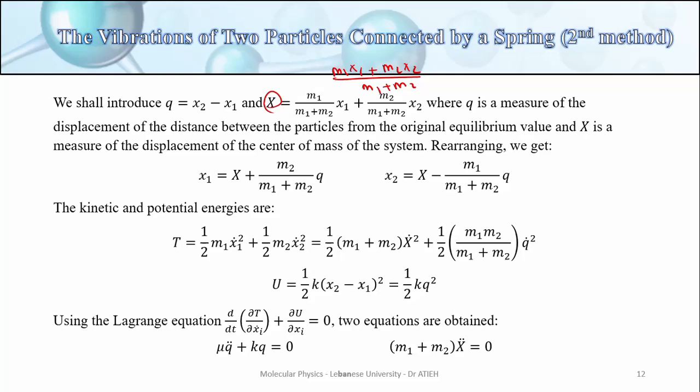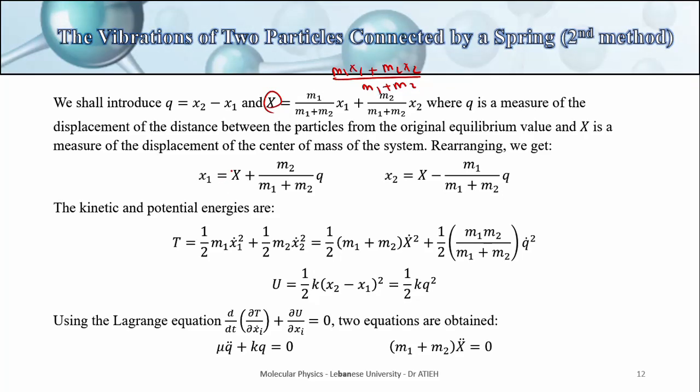Now how do we deal with this? The first thing we have to do in order to use Lagrange to reach the differential equations is write the kinetic energy and the potential energy in terms of Q and capital X. Once we write them in terms of Q and capital X, we are able to do the partial derivatives. After the partial derivatives, we arrive at our equations.